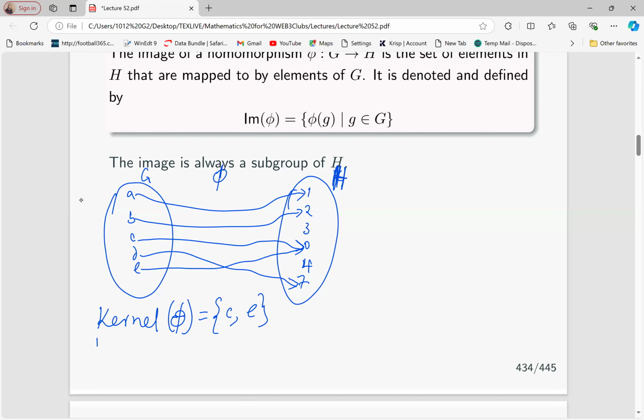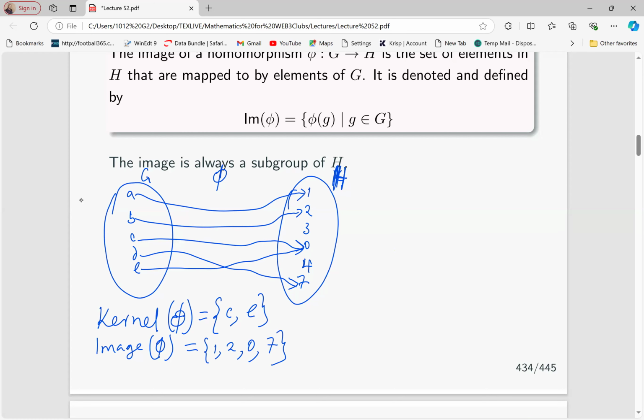So these have mapped to the identity. What about the image of this homomorphism? For the image of the homomorphism, I'm considering elements of H that have been mapped to. So 1 has been mapped to, 2 has been mapped to, 0 has been mapped to, and then 7 has been mapped to.